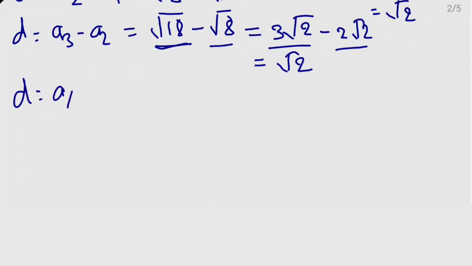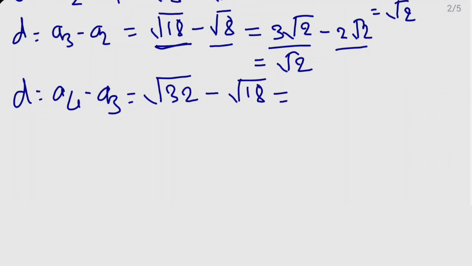And now d is a4 minus a3. So a4 is root 32 minus a3 is root 18. Here root 32 we can write as 4 root 2, and minus root 18 we can write as 3 root 2.